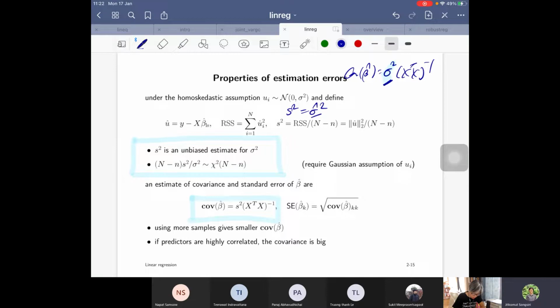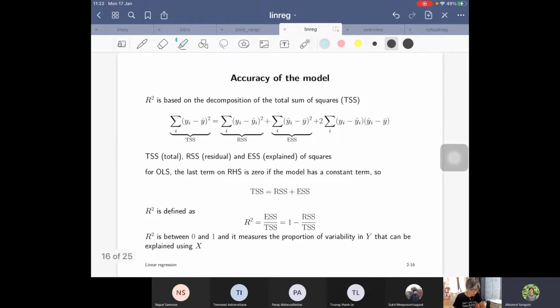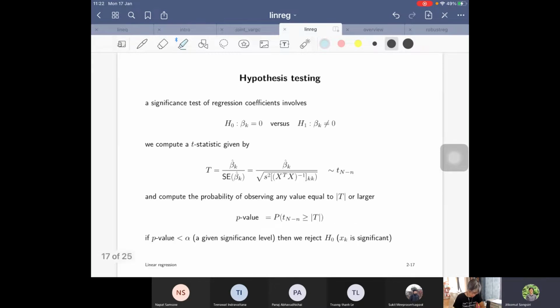This is an estimate of the noise variance. And in most software, we use the residual sum of squares divided by n minus the number of parameters. And we can show that it is an unbiased estimate of the true variance. Did we talk about accuracy?